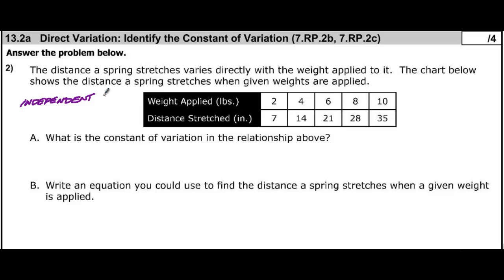Independent. Right there, the weight. The weight controls how far the spring stretches. So that makes the spring stretching the dependent amount. You control how much weight you put on the spring. When the weight goes on the spring, it causes the spring to stretch.